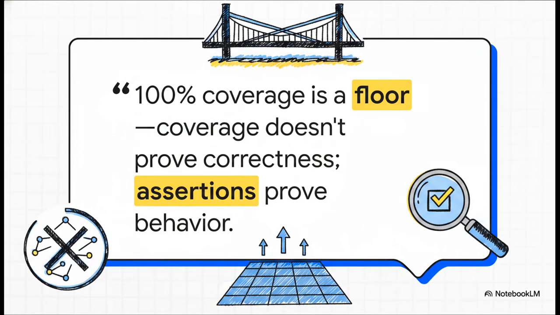And here's a true principled engineer-level insight for you. 100% coverage is the floor, not the ceiling. It only tells you that your test suite ran every line of your code. It says absolutely nothing about whether that code did the right thing. Correctness is proven by your assertions, the part of your test that actually verifies the behavior of the system.